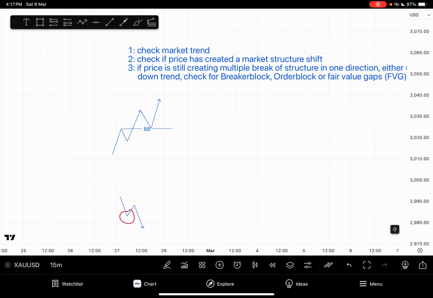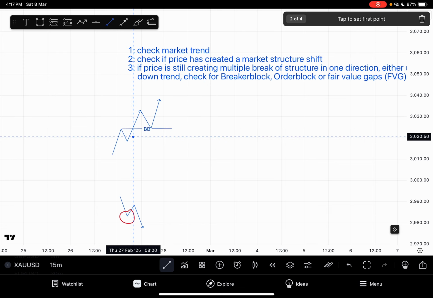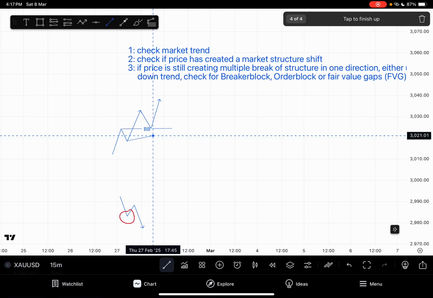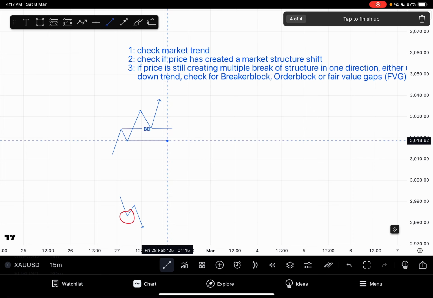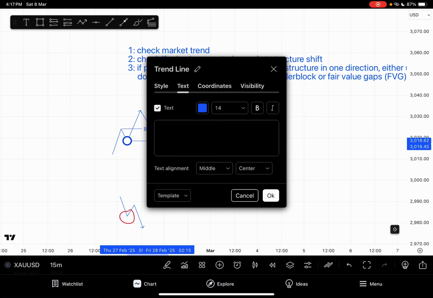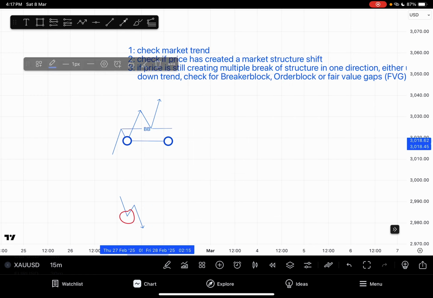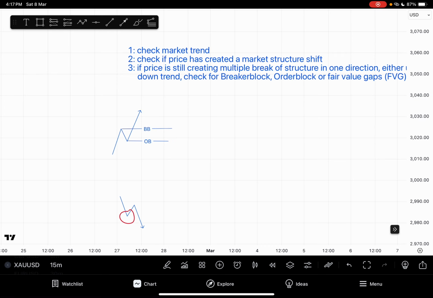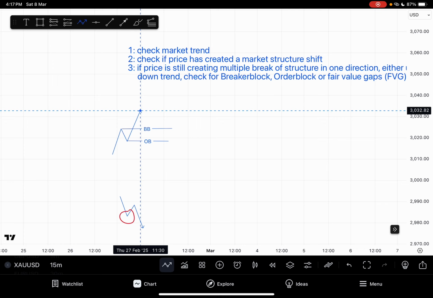Then in cases where there's also an order block, you see price first come for the breaker.